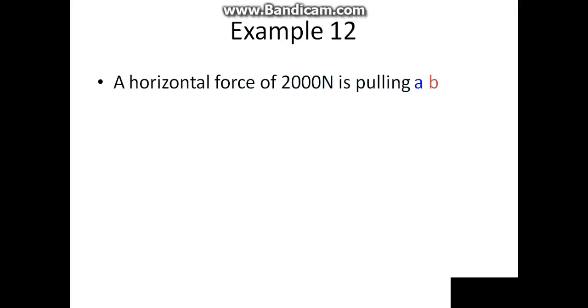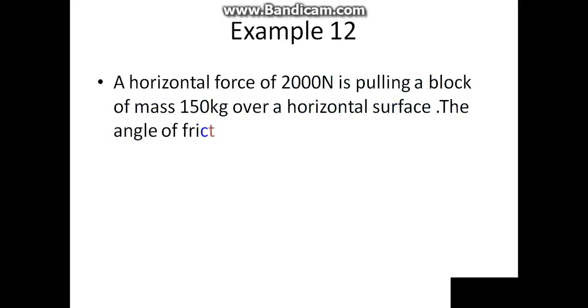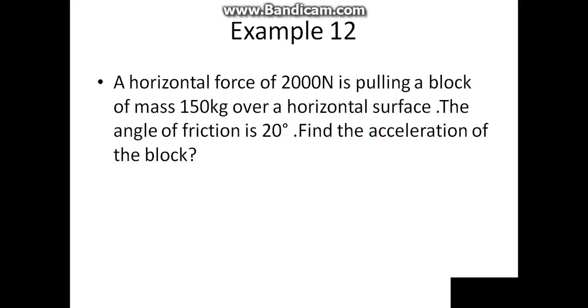Example 12. A horizontal force of 2000 Newton is pulling a block of mass 150 kg over a horizontal surface. The angle of friction is 20 degrees. Find the acceleration of the block. Looking at the diagram, we are told that a force, capital F, of 2000 Newton is pulling a body of mass 150 kg.